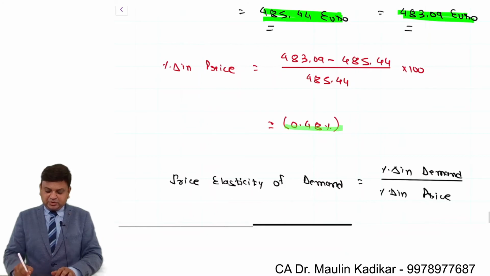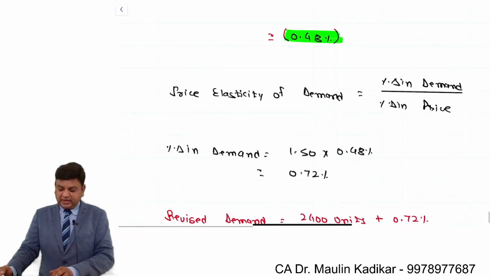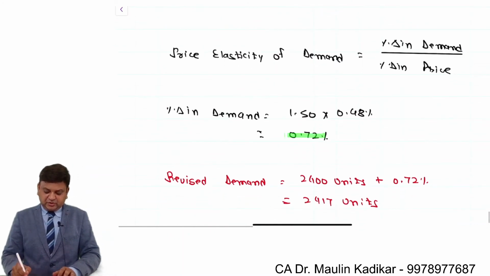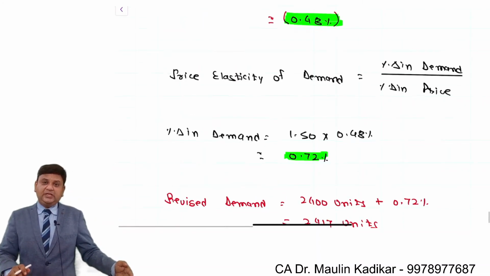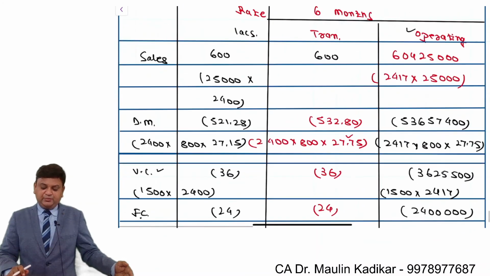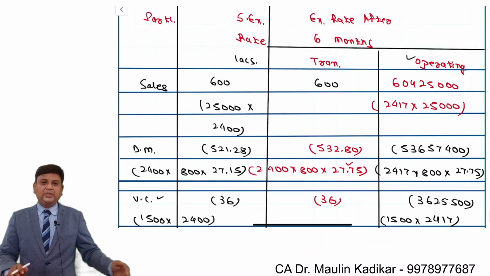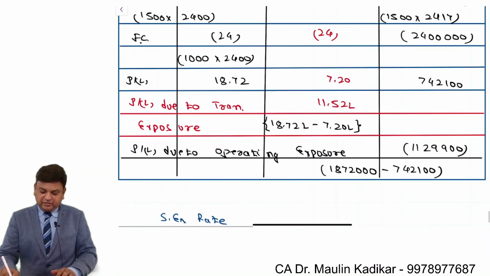Since the price reduces, they will be able to buy more number of units, by 0.72 percentage. So instead of 2400, it is 2417 number of units they are going to buy, and with that we will compute the profit or loss. That amount will be compared with the profit or loss at the spot exchange rate to compute the profit or loss due to operating exposure.